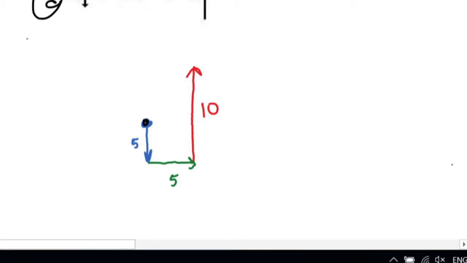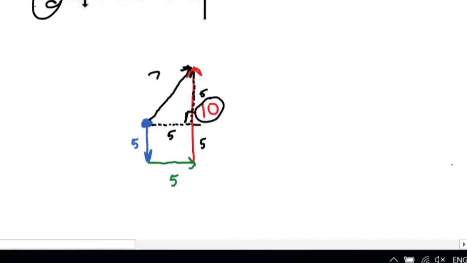So I'm going to start from where I started, and I'm going to go to where I ended. And I need to somehow make a right triangle out of this. Now, I know the bottom of this has a length of 5, and I know this right side has a length of 5 because the whole thing's 10 and half of it is 5.